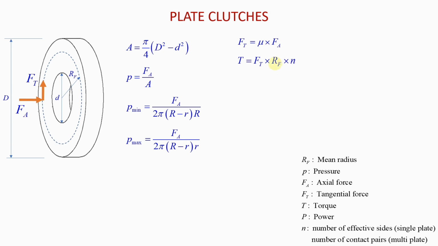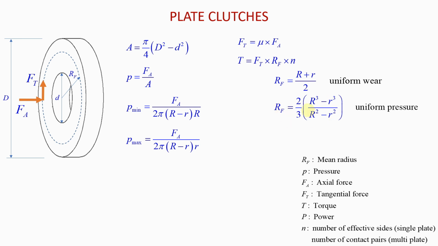So now let us look at the mean radius here, RF. So what is RF equal to? RF will be equal to this if you are dealing with uniform wear theory, and RF is going to be equal to this if you're dealing with uniform pressure theory. Usually in your question, they will tell you whether you should assume uniform wear or uniform pressure. Basically, when they say uniform wear, what is meant is that the clutch is wearing off uniformly, so we assume that.